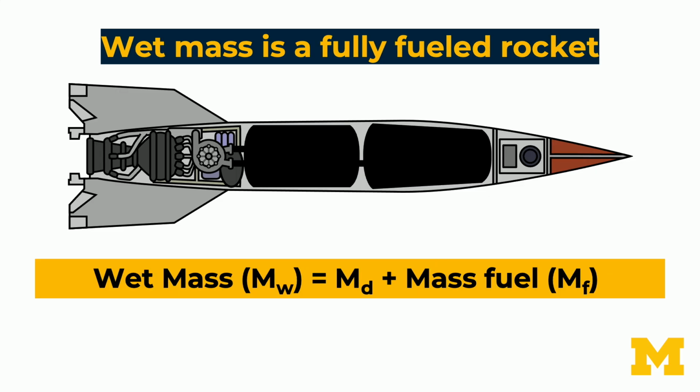The wet mass, on the other hand, is the mass of the rocket with all of its fuel in there. And that turns out to be the dry mass plus the mass of the fuel. Okay, so the wet mass is the dry mass plus the mass of the fuel. You have wet mass, which is the total mass when you're trying to launch, and then the dry mass is the mass after you've used all of the fuel in the rocket.